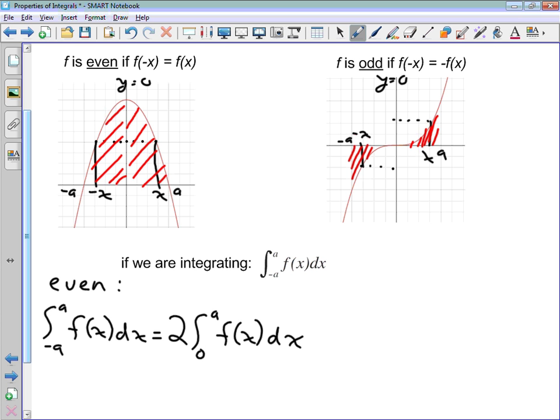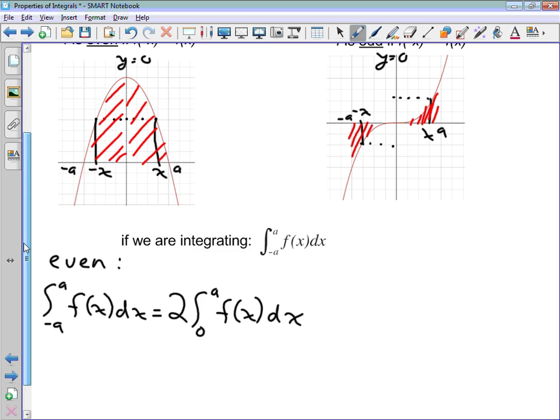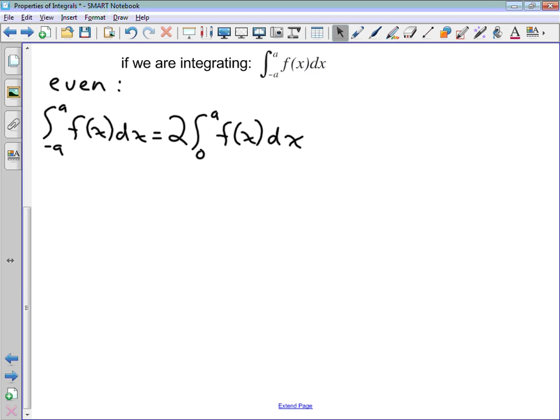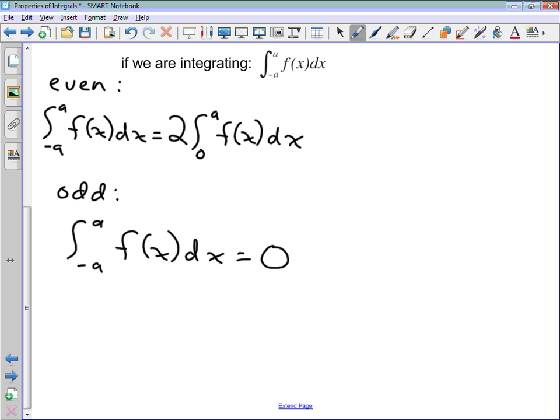The other one's a negative area because it's under the x-axis. So if they ask you to integrate an anti-symmetric or an odd function from negative a to a, you know that the answer that you are going to get is just going to be 0. Okay? So that can sometimes save you a lot of time.